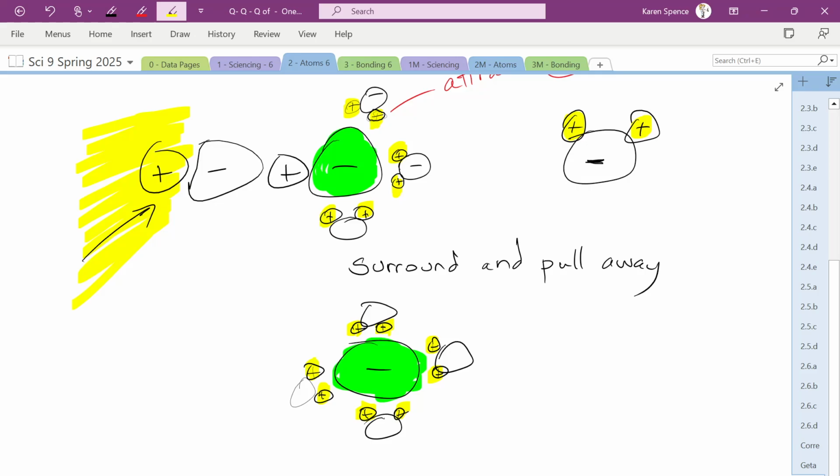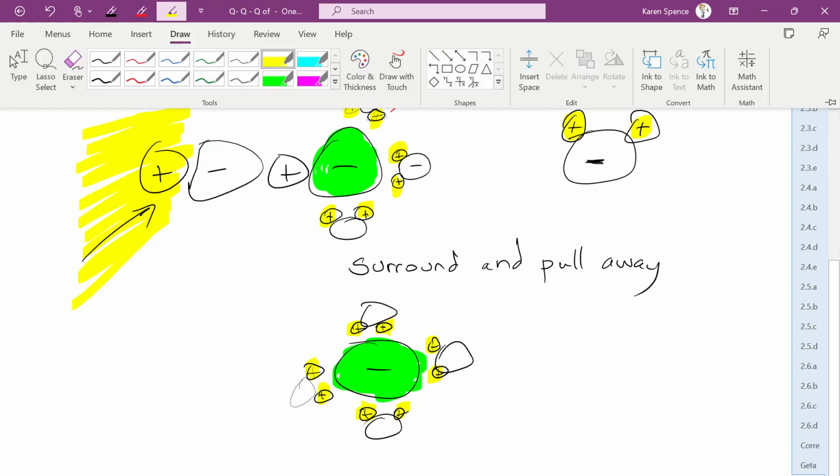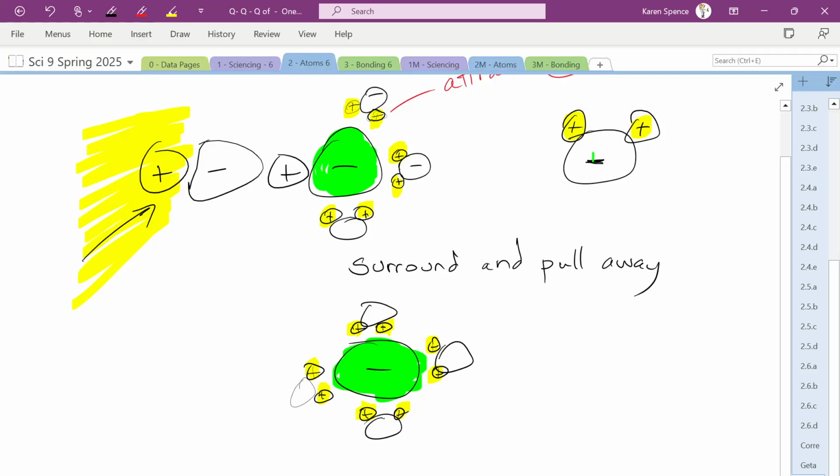We still have water, and water still has a positive end. Anyone got a guess?